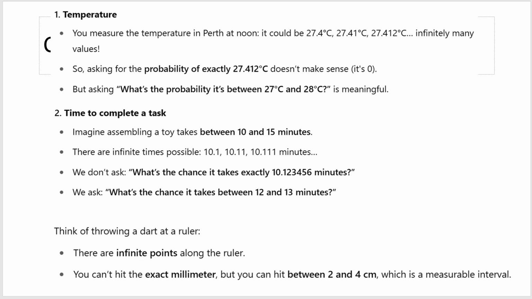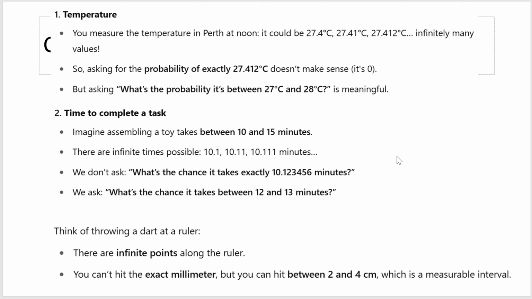And we will understand that as we go along in this lecture. So let's have an example. We have temperature. You measure temperature in Perth at noon, it could be 27.4 degrees. Or if you have a very decent thermometer, it can be 27.41 degrees Celsius. Or maybe you have an even better thermometer and it says it's 27.412 degrees Celsius. But the values are actually infinite. You can go to any decimal place as you want.